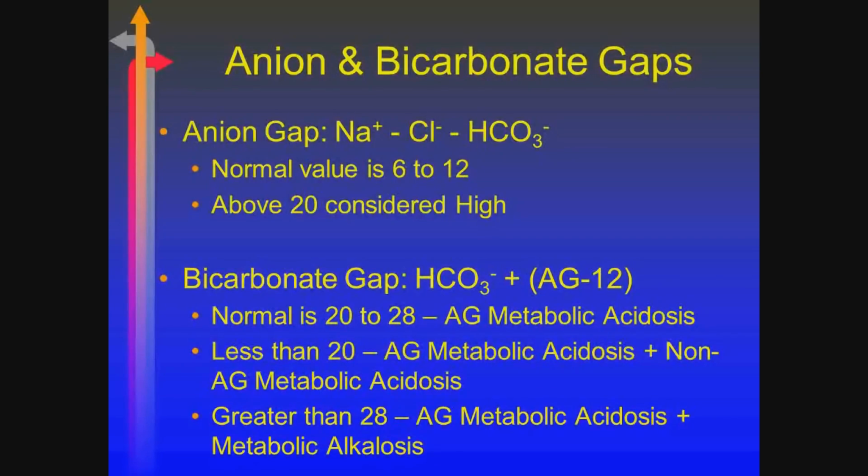When Mary talks next time, she'll talk about how some metabolic acidemias are anion gap greater than 20. Some of them are normal. Less than 20 would be a mixed anion gap metabolic acidosis and a non-anion gap metabolic acidosis. And if it's greater than 28, it's an anion gap metabolic acidosis and a metabolic alkalosis.